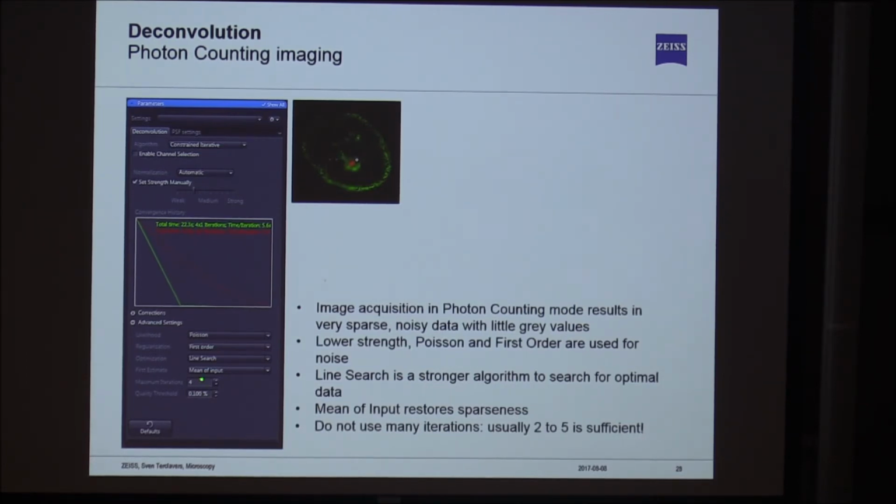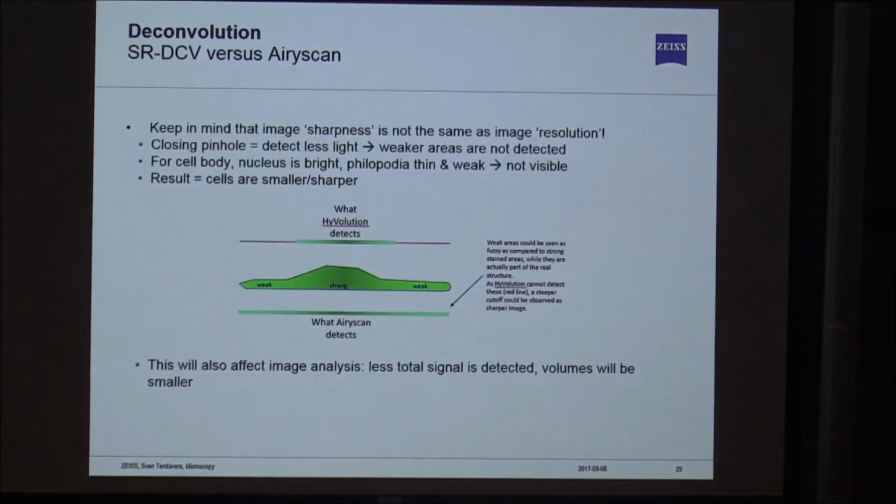Also very important, number of iterations, where typically we would take 20 or 40. Reduce the iterations to 2, 3, or 4. It does not need many iterations at all. It does need to search very well in the data that's being provided to have a nice restoration.